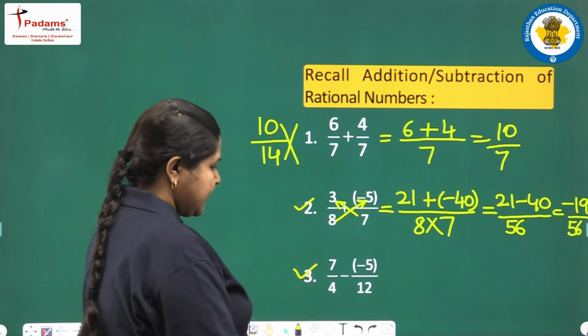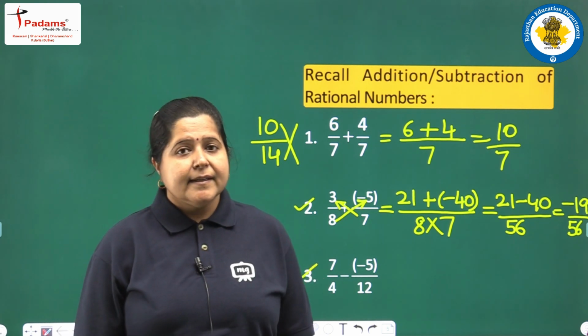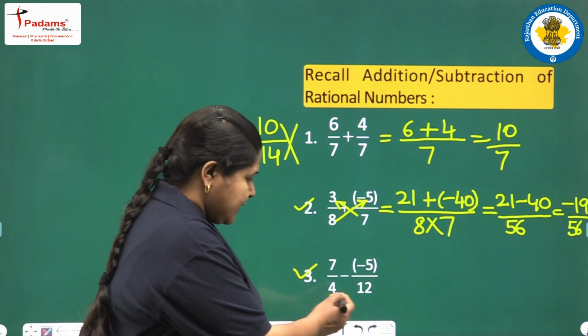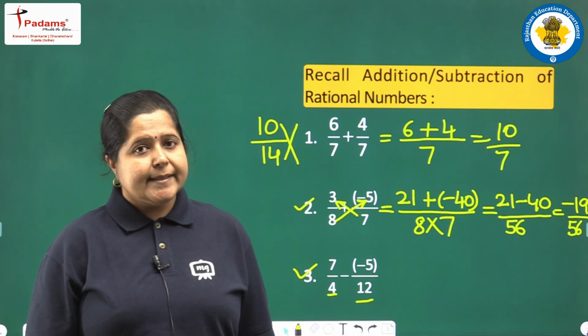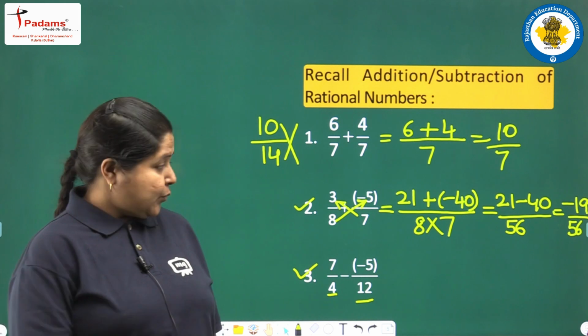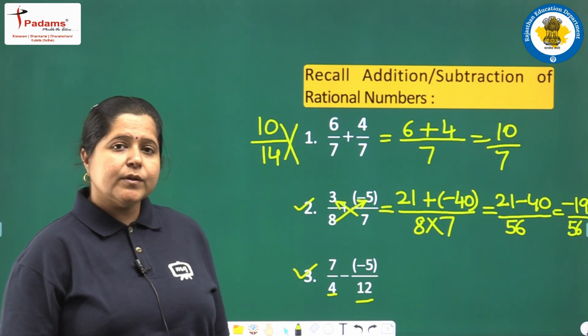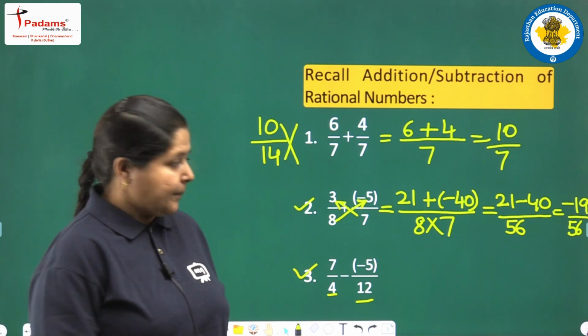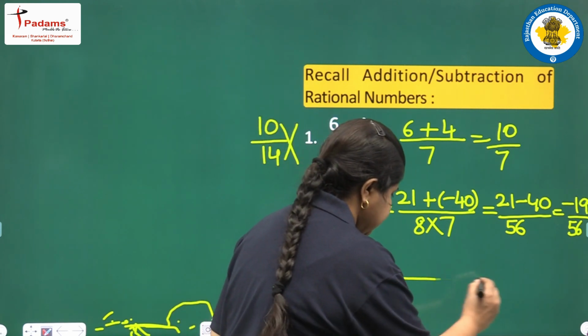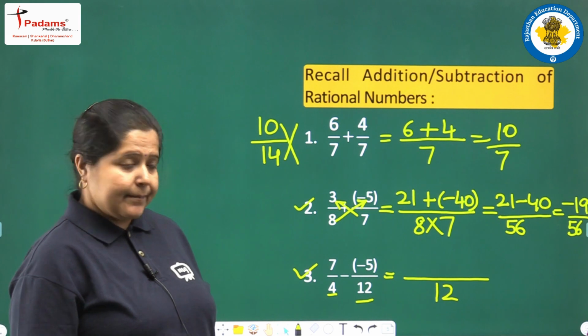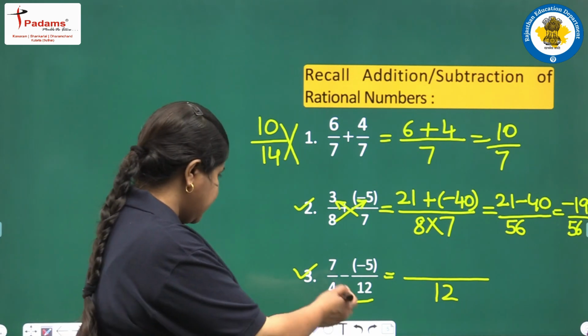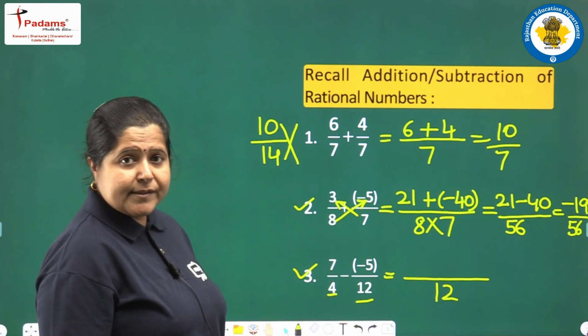We move on to the third part. Here you see the denominators are 4 and 12. One number is a multiple of the other. In this case, the number 12 is a multiple of 4. So the multiple number will be the LCM. We write it 12. 12 is the LCM. And now in this case we cannot multiply it cross in cross.